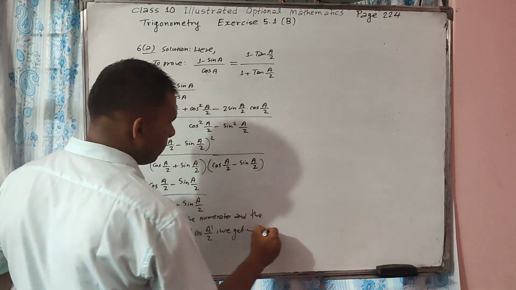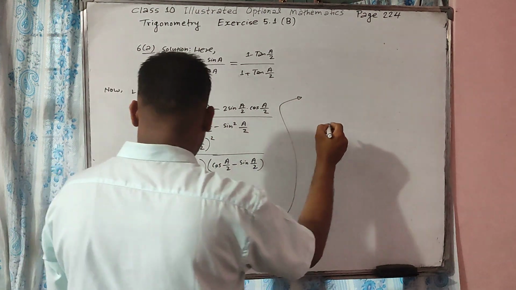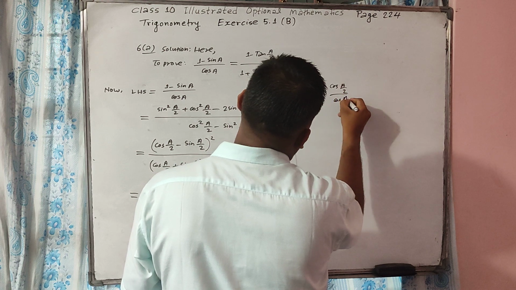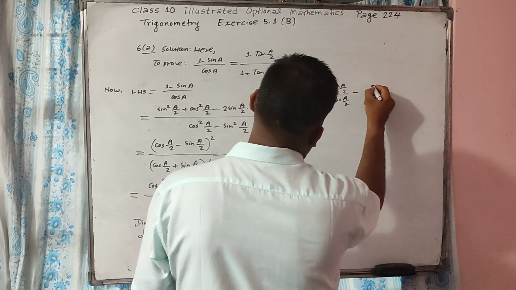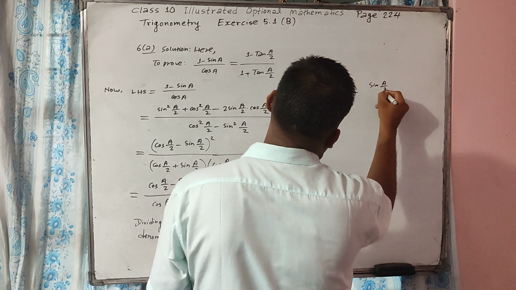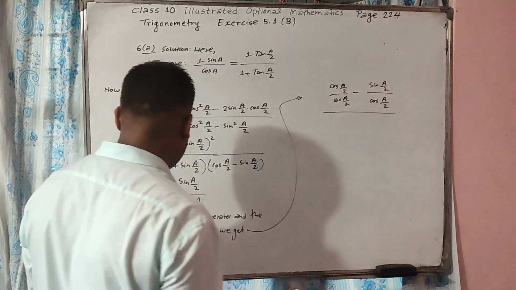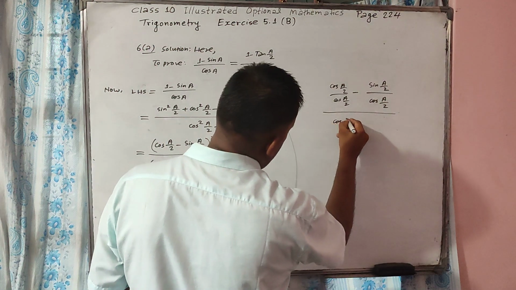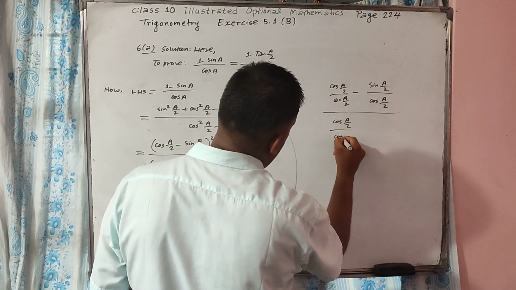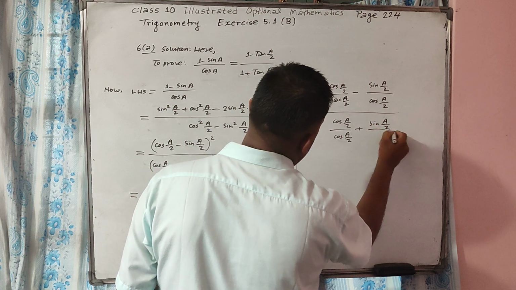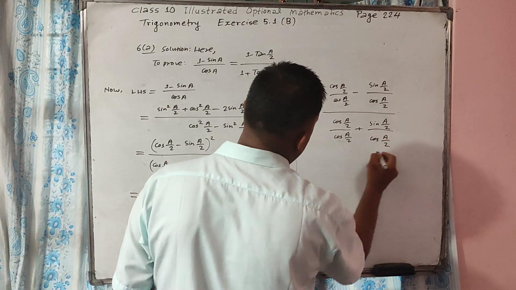We get cos A/2 upon cos A/2 minus sin A/2 upon cos A/2, all upon cos A/2 upon cos A/2 plus sin A/2 upon cos A/2.